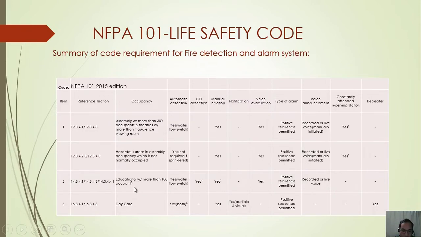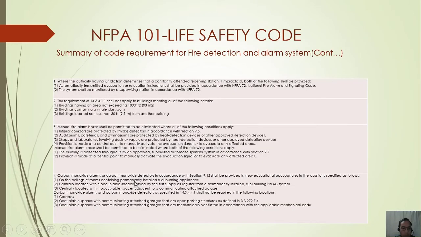Another note is for note 2. This one is educational with more than 100 occupants. What does this note 2 say? The requirement of 14.3.4.1.1 shall not apply to buildings meeting all the following criteria. Buildings having an area not exceeding 93 square meters, buildings containing a single classroom, and buildings located not less than 9.1 meters from another building.